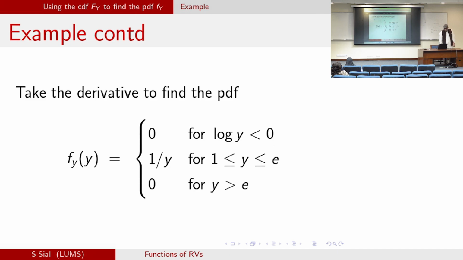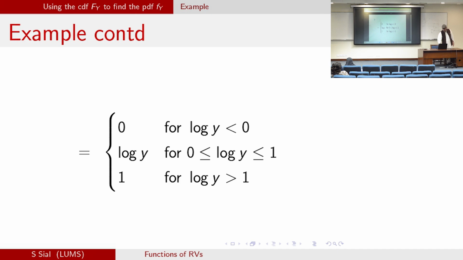And now I can take the derivative. I have the CDF for y, so I can find the PDF by taking the derivative of the CDF. So there you go. If I take the derivative of 0, I get 0.